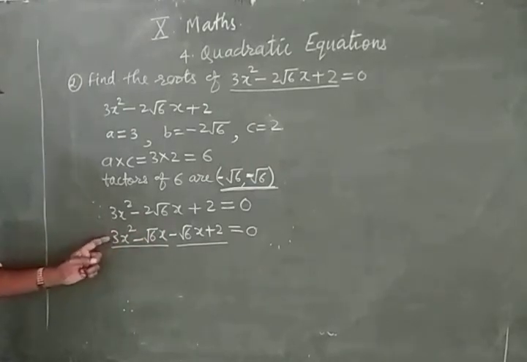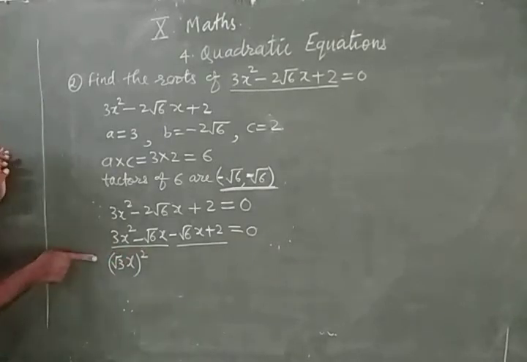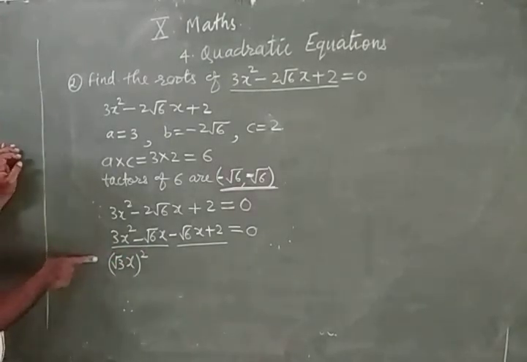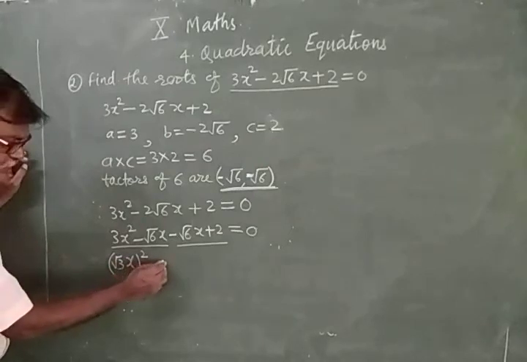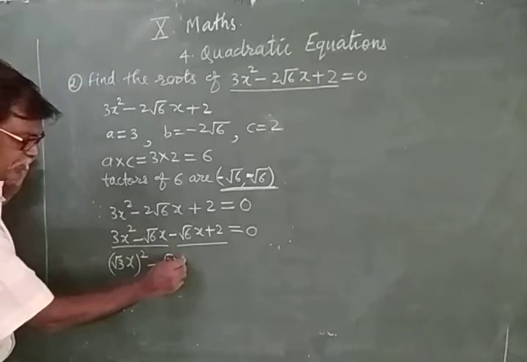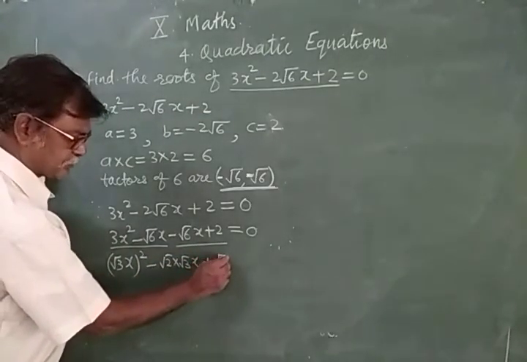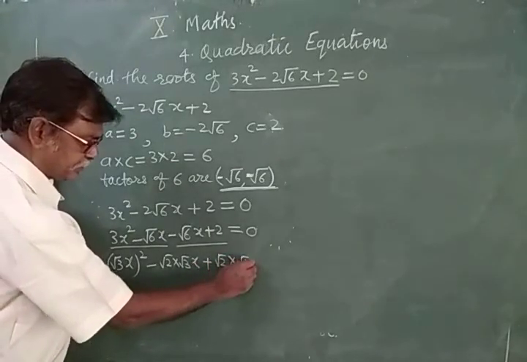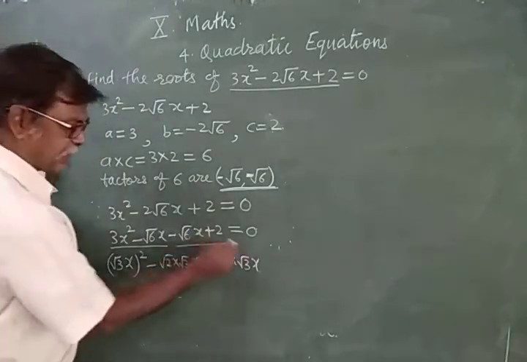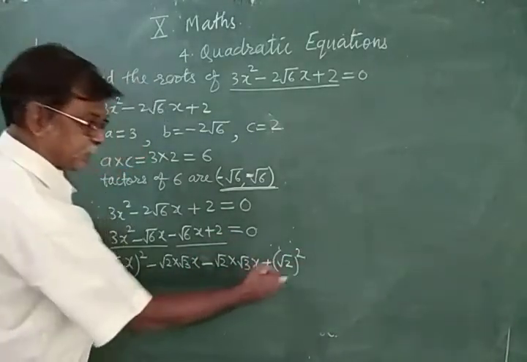See this, 3 is written as root 3 into root 3 x square, like this. Minus root 6 is written as root 2 into root 3 x, again this is written as root 2 into root 3 x, minus, and plus 2 is written as root 2 square because here the factors are in root.